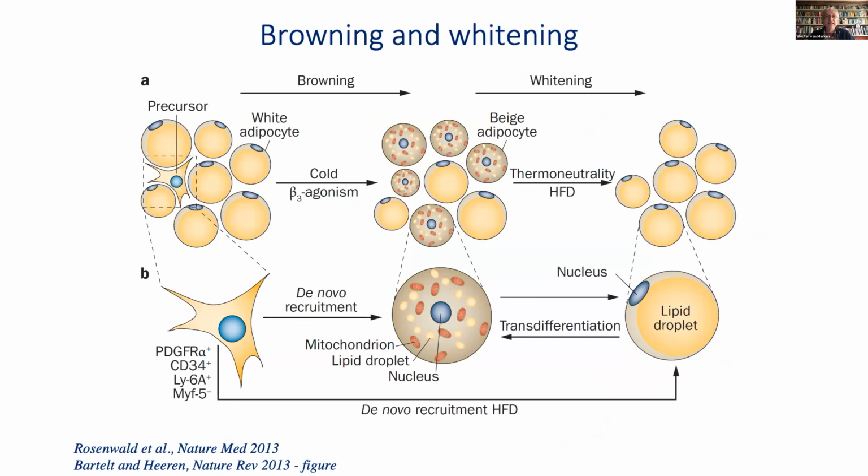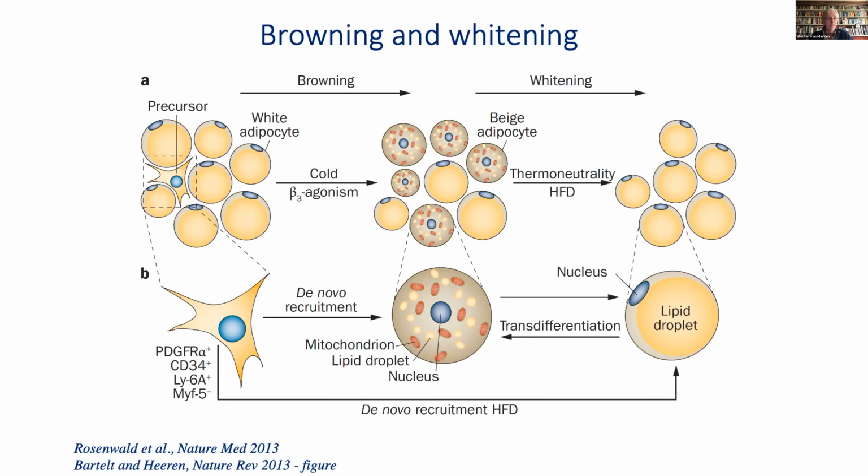Especially in the lower part of this graph, you see there may be precursor cells in white adipose tissue that can, in case of cold or beta-adrenergic stimulation, be turned into brown-like adipocytes. But when you are back in thermal neutrality, they can be formed into white adipocytes again. So there is a lot of dynamics going on, and there seems to be the possibility of transdifferentiation.